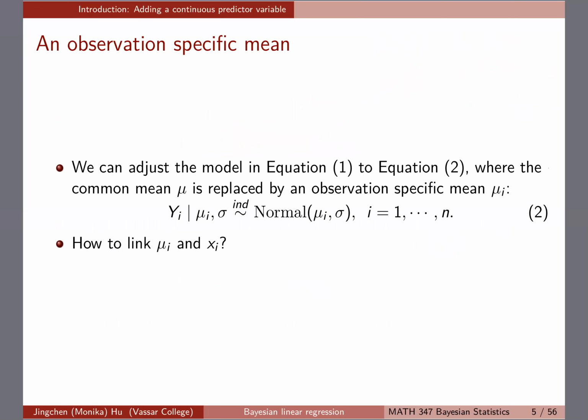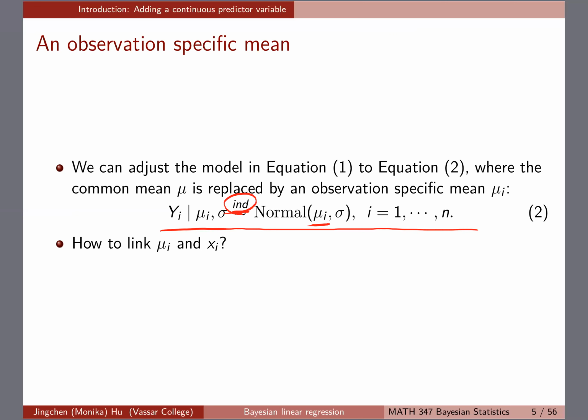If you want to have an observation-specific mean, because now you want to introduce the fact that we know something extra about each observation, this is what you will do. That's why I said earlier IID will become independent, because in IID one of the I's is meant to be identical, but they're not identical anymore. They are still independent, but they have their own observation-specific mean.